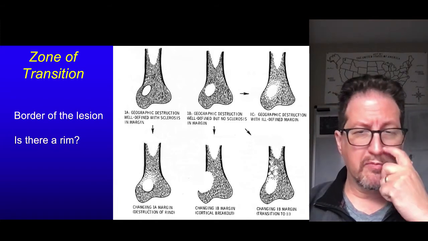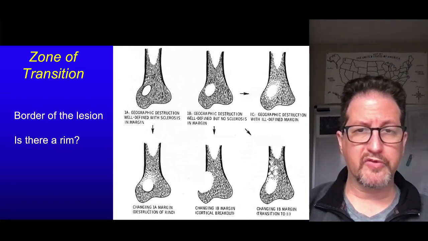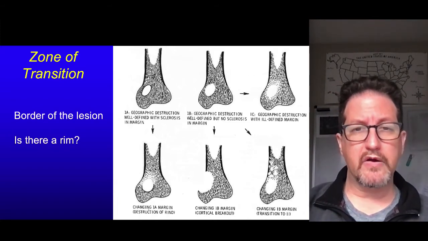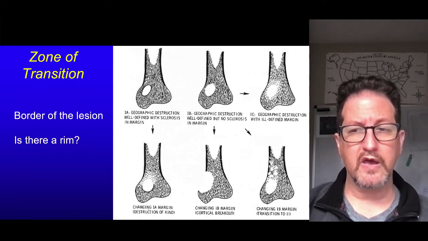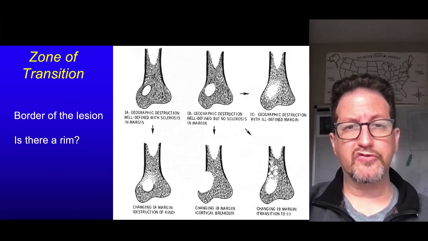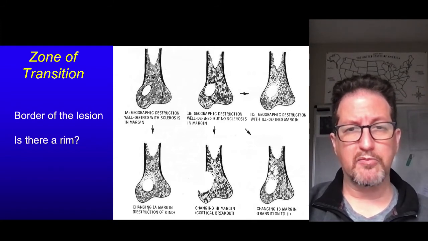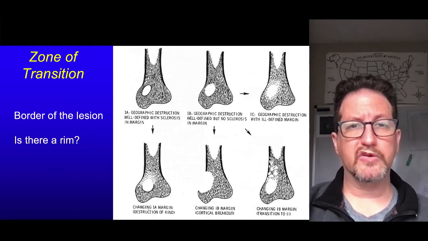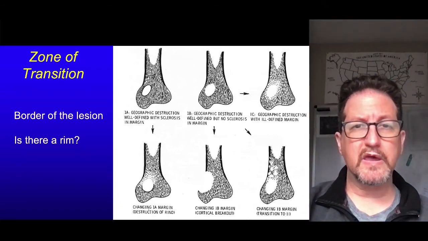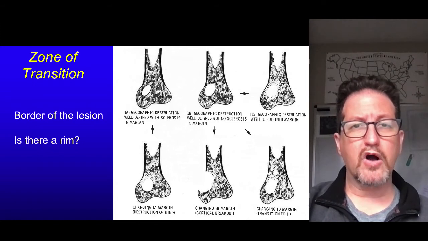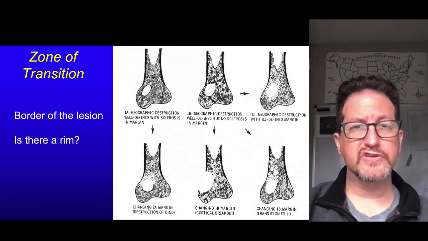The other two are less important for our circumstances, but what you've got there is a pattern where the lesion has broken out of the cortex entirely. It's going to start invading the soft tissue at that point, so that's a little bit more concerning as well. Okay, so zone of transition is telling me really how aggressive or how fast this lesion is moving.